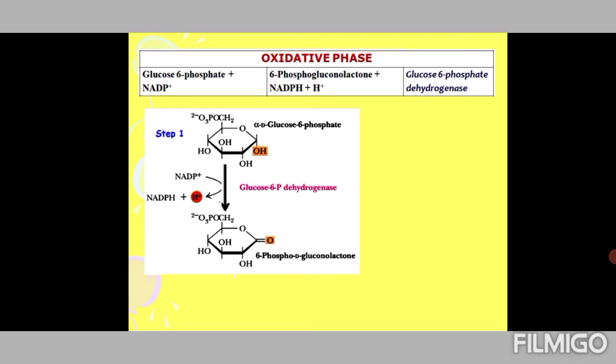This actually releases an H plus ion also, which again is lost from glucose 6-phosphate. And the resultant molecule is an intramolecular ester called 6-phosphogluconolactone.